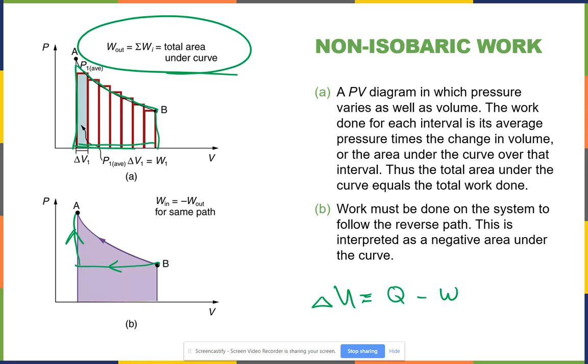In magnitude, yeah. Right, so we're going to have a balance there between these. So in a real problem, you would say, I start with this internal energy, I end with this internal energy. What happened in between?